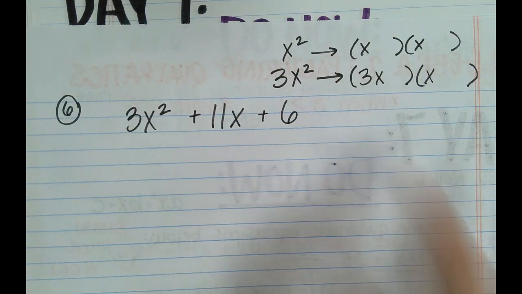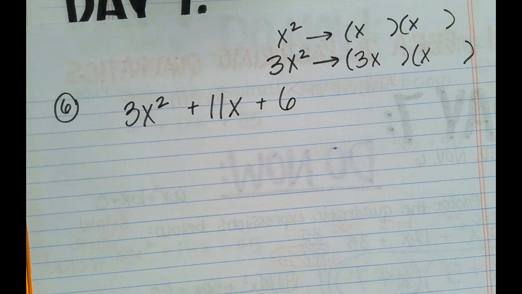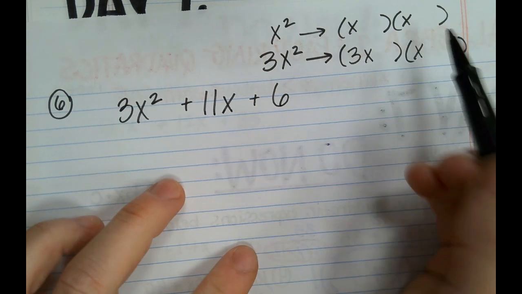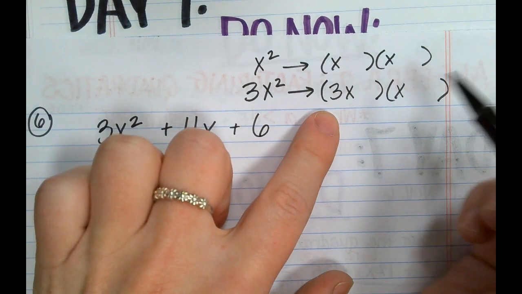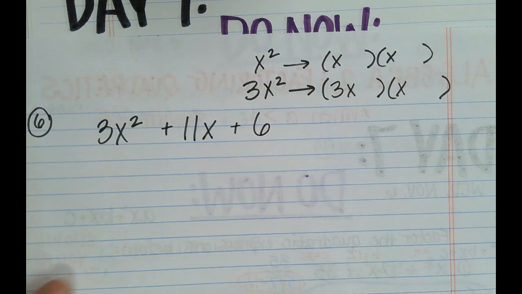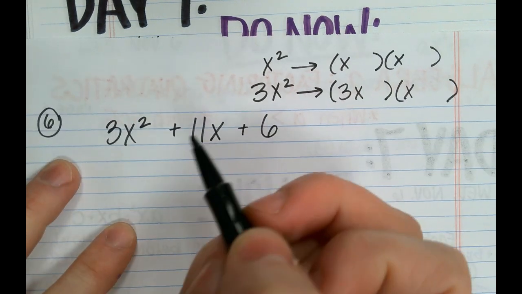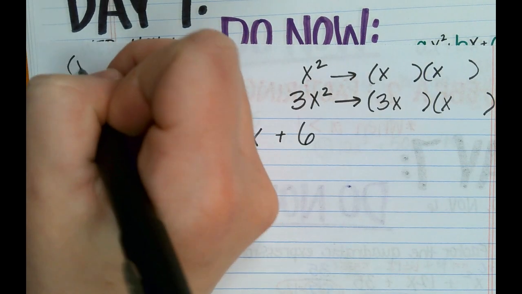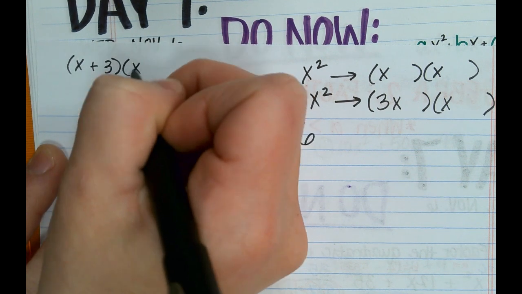Before we move on, does anybody feel confused about why I put a 3x and an x? Let's talk about it. Whenever we are multiplying binomials, remember that's when we were doing the FOIL method or the box method. For example, I'm going to do x plus 3, x minus 3.